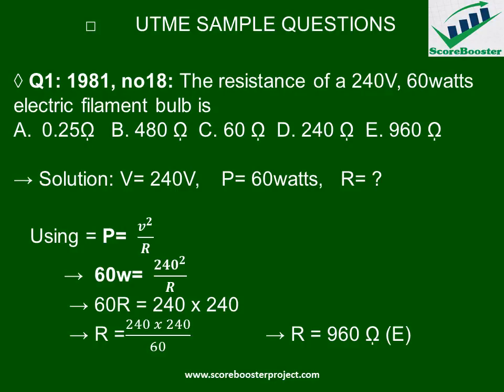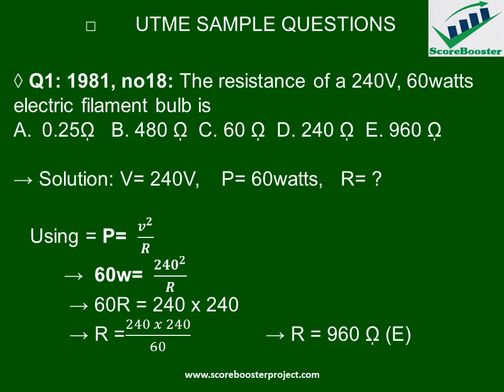So now we need to consider the formula of power linking P, phi, and R, and that will be P equals phi square over R.